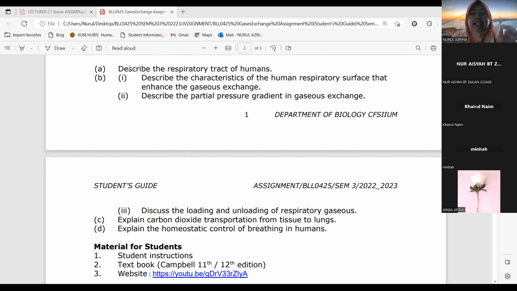State means you just tell what the respiratory tract of human consists of, nose and so on. But this one, the LO is describe. When you describe, you are not just stating, mentioning or identifying the structures or organs in the respiratory tract, but you must be able to explain or describe the characteristics of each part of the respiratory tract.